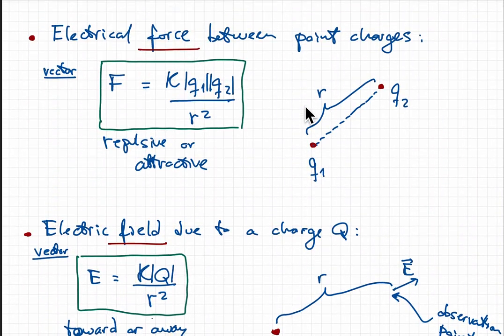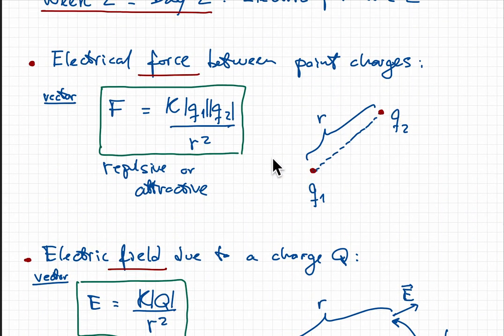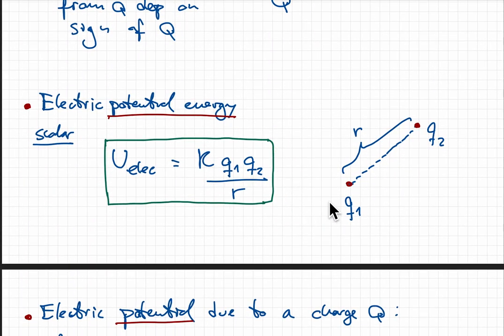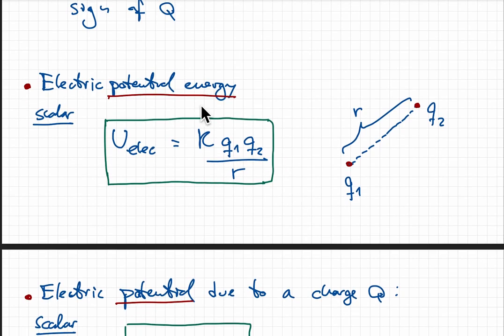Notice how when we talk about force, we use a pair of charges and it goes like 1 over R squared. And when we talk about potential energy, once again, we talk about a pair of charges and then we divide by R, not by R squared. The potential energy could be defined for systems of more particles, by the way, but it's always pairwise. That means that if you had a third particle over here that is charged, then you have an interaction between Q1 and Q3, then Q2 and Q3, and Q1 and Q2.